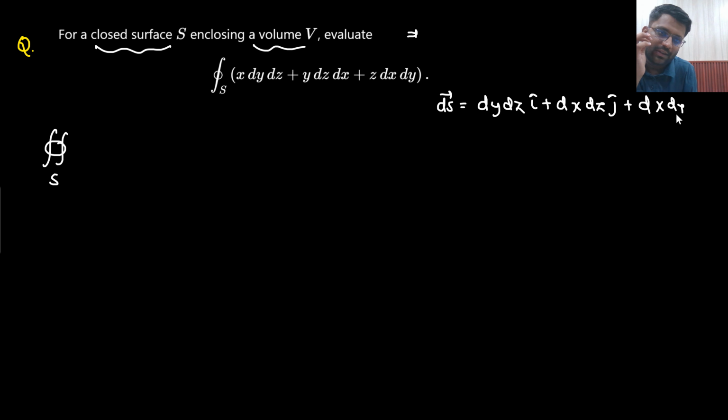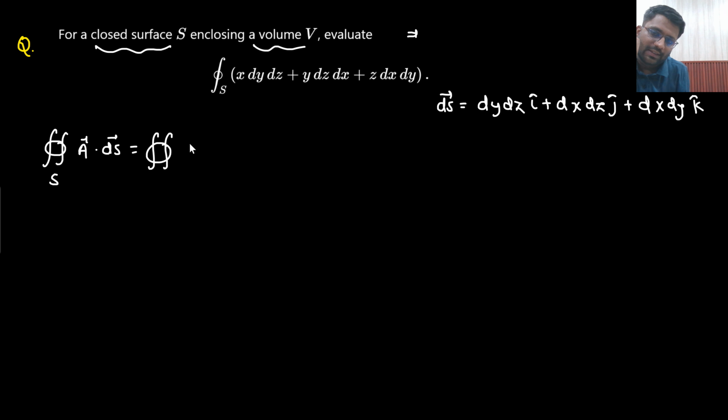So for a closed surface, what will be the surface area? What will be the small surface? That would be nothing but dy dz i cap plus dx dz j cap plus dx dy k cap. Right? So A dot dS we were supposed to calculate.